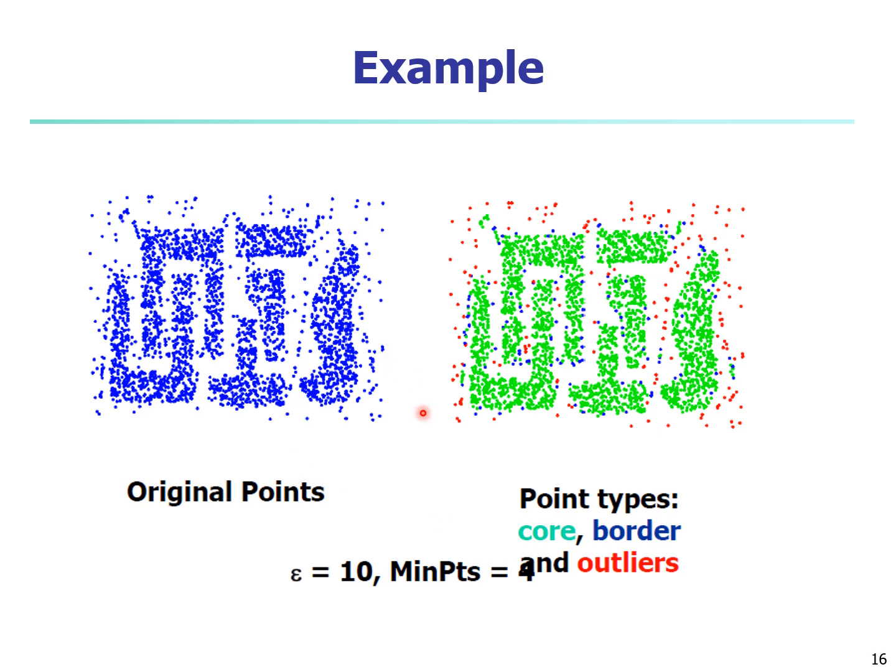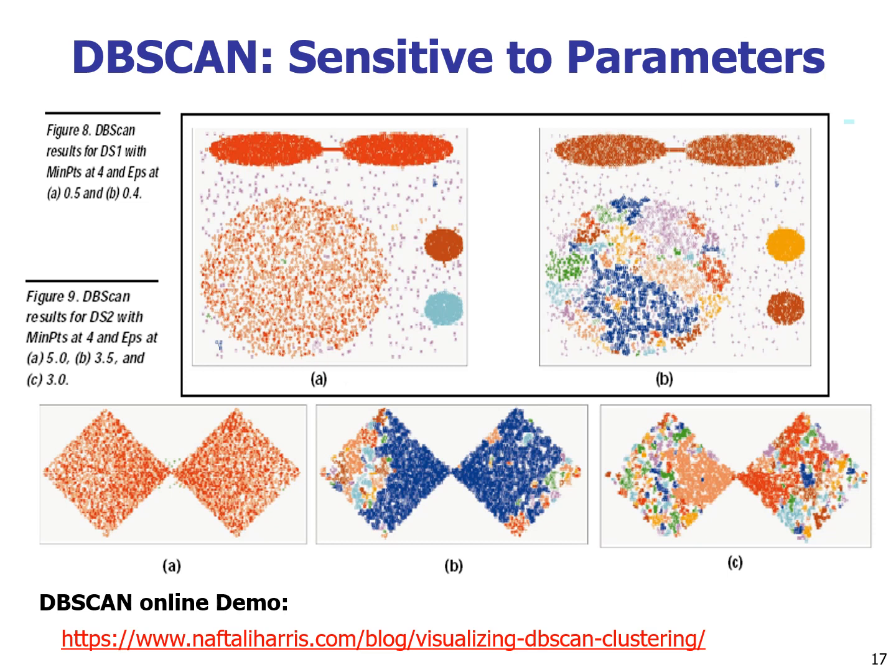Now, this is an example of epsilon equal 10, minimum points is 4, and this is the original points. Based on the colors, the green here are core points, the blues are border points, and outliers are red points. These are interesting examples of DBSCAN and how it is sensitive to the parameters, to the epsilon and the minimum number of points.